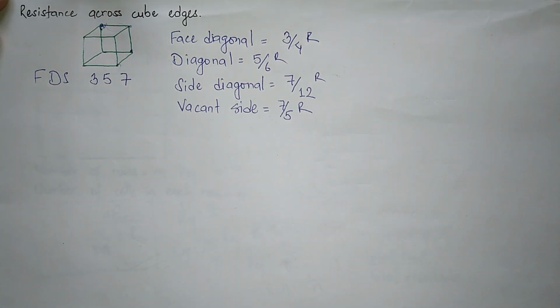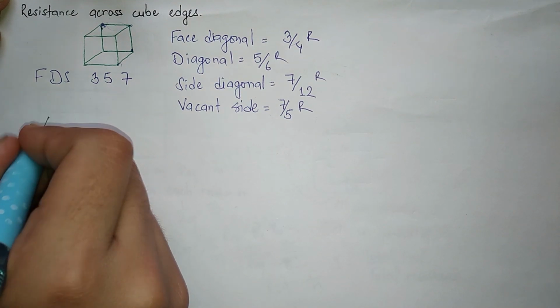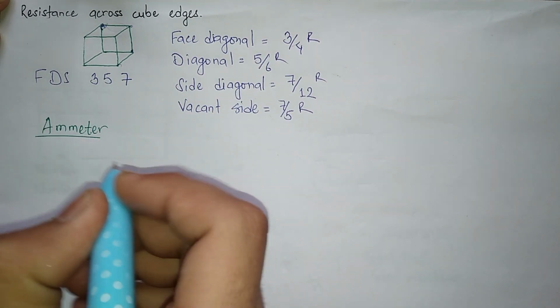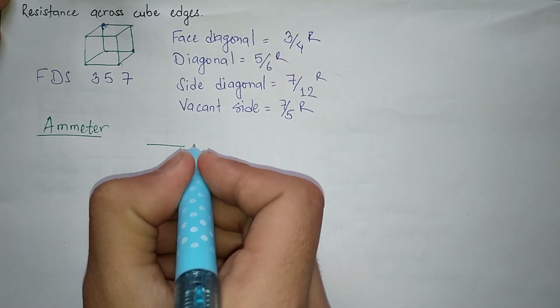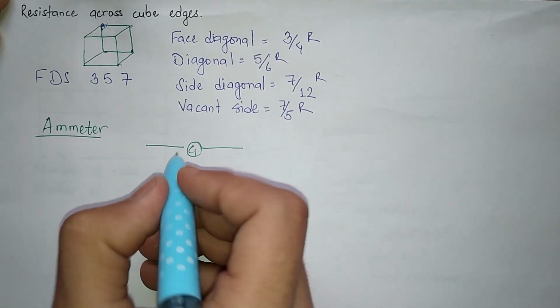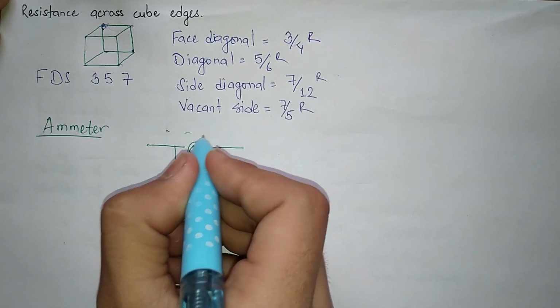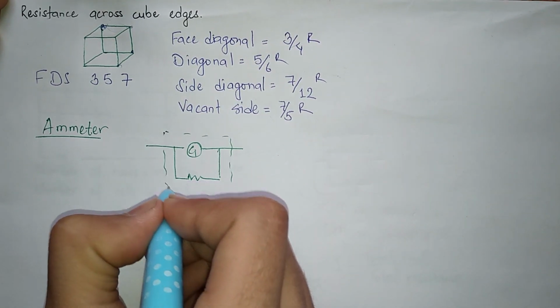Now we will be discussing the ammeter. An ammeter means a small resistance connected in parallel. This is the structure of an ammeter.